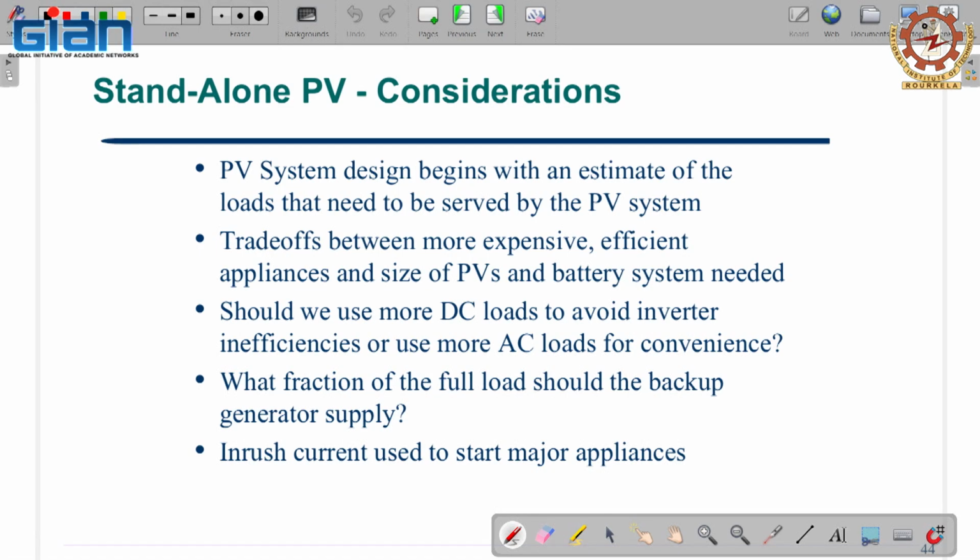What sort of fraction of load are we going to consider for the backup? When normal supply is not there, how much load do we run on the diesel? Not the full load, otherwise the diesel generator will be too expensive.